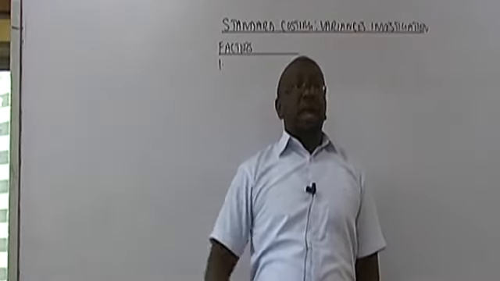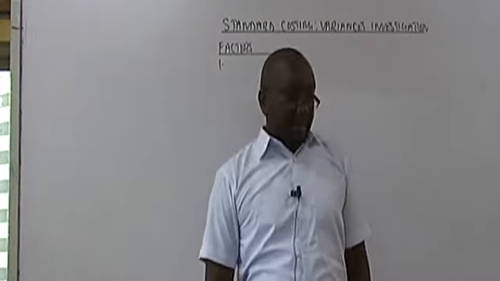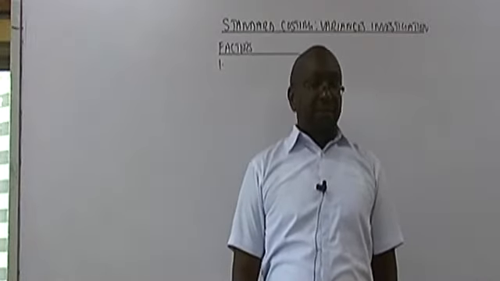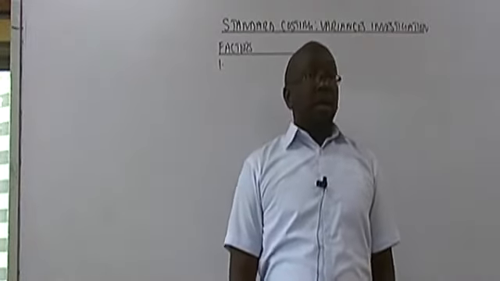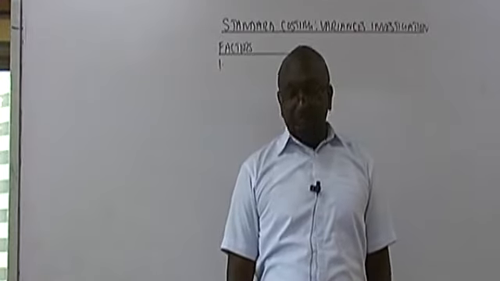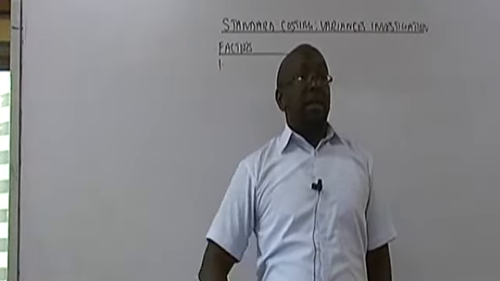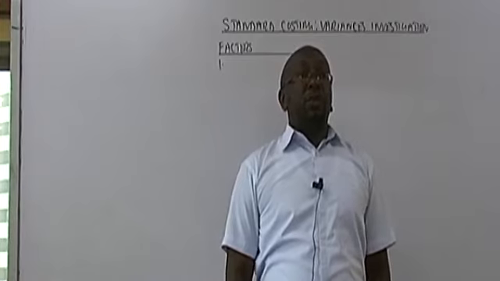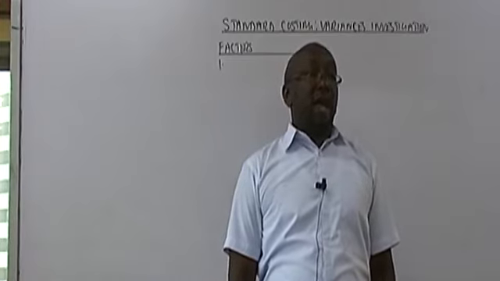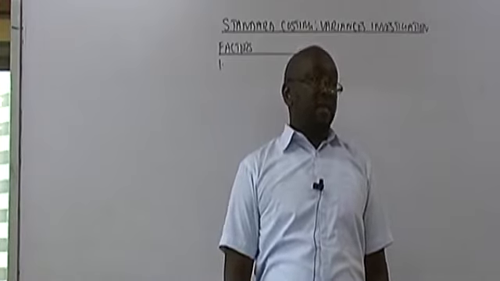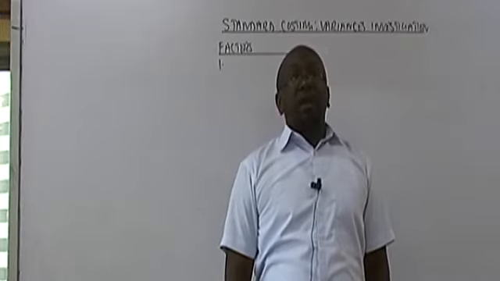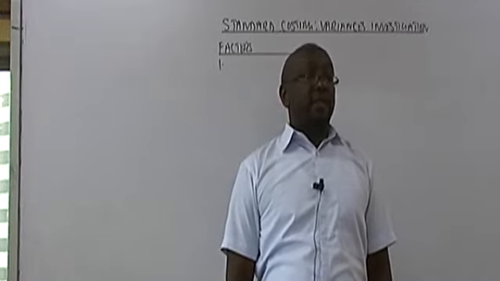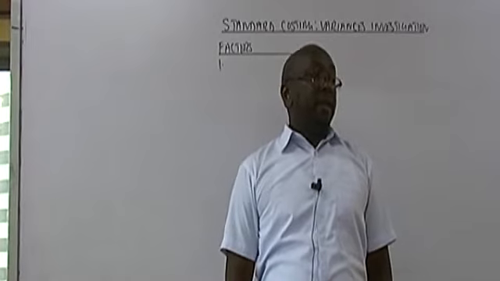Then number 3 is the type of the variance. There, it has to do with whether it is favorable or adverse. And quite often we only tend to investigate the adverse.